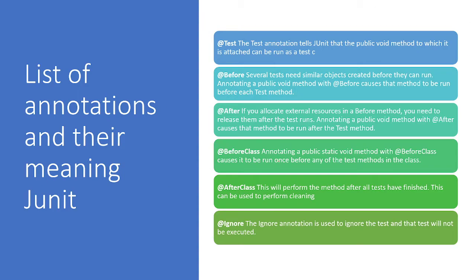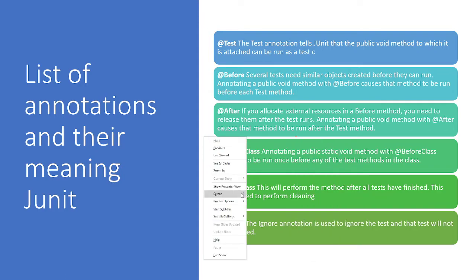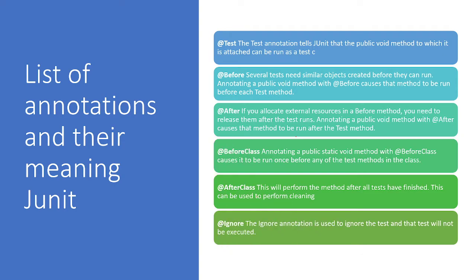All right, we have the @After tag. Let me get the pointer out. Pen. We got the @After tag. If you allocate external resources in a @Before method, you will need to release them after the test runs. Annotating the public void method with @After causes the method to run after the test.